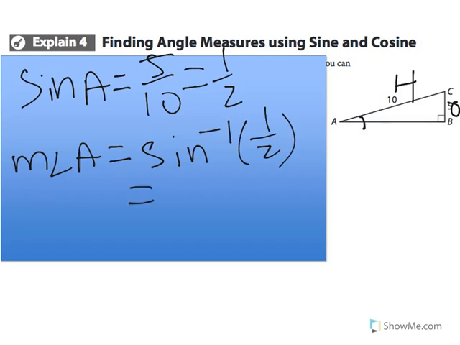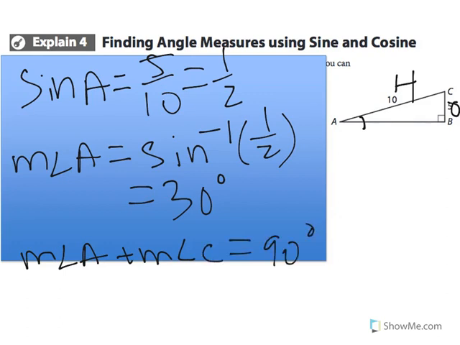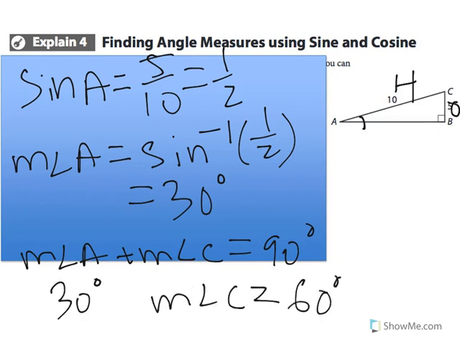To use sine inverse, you need to press second or shift on your calculator, then sine inverse of 1/2. This gives us 30 degrees. Angle A and angle C are complementary, so they add to 90 degrees. If A is 30 degrees, then the measure of angle C must be 60 degrees.